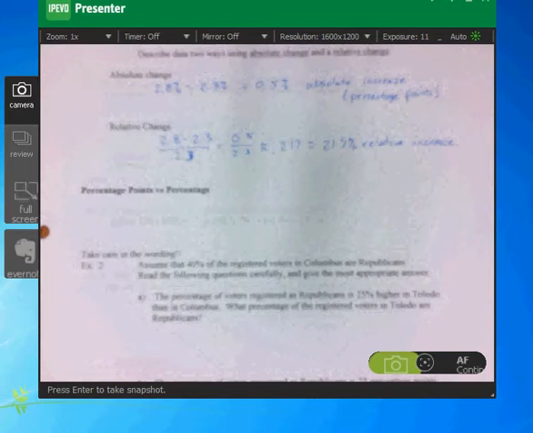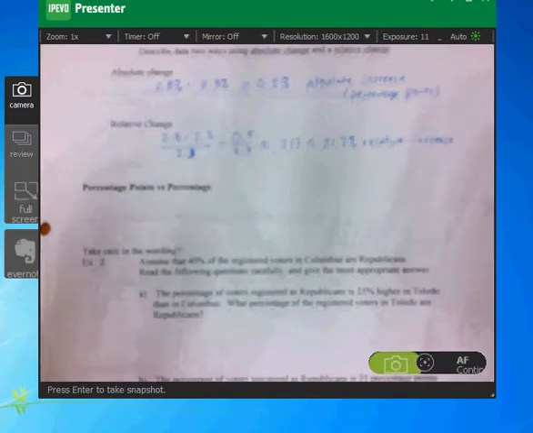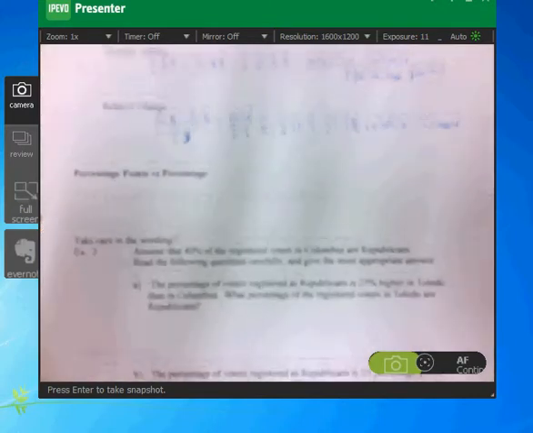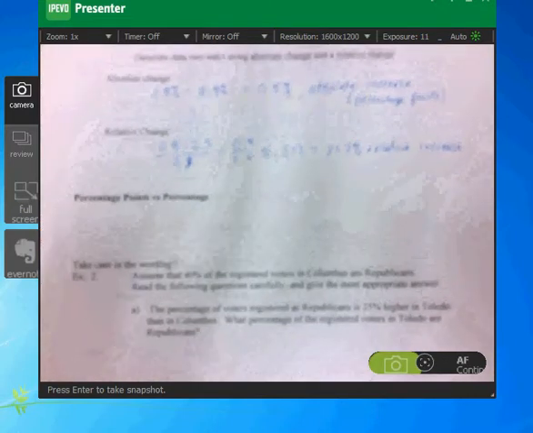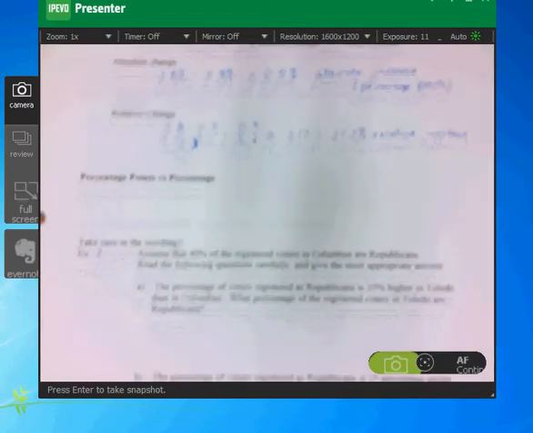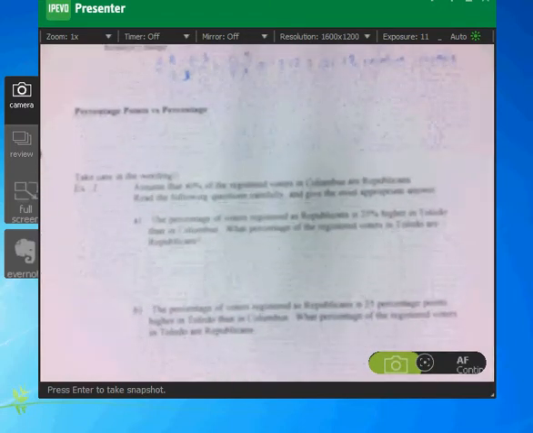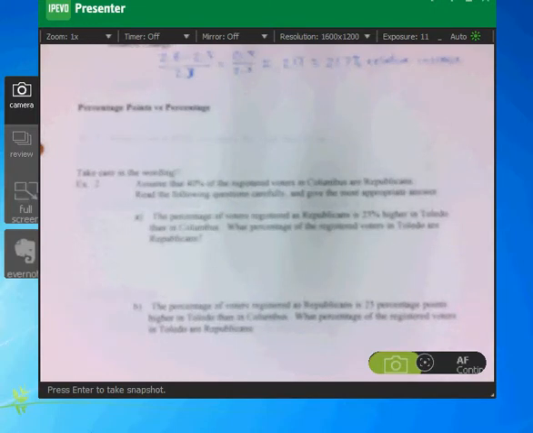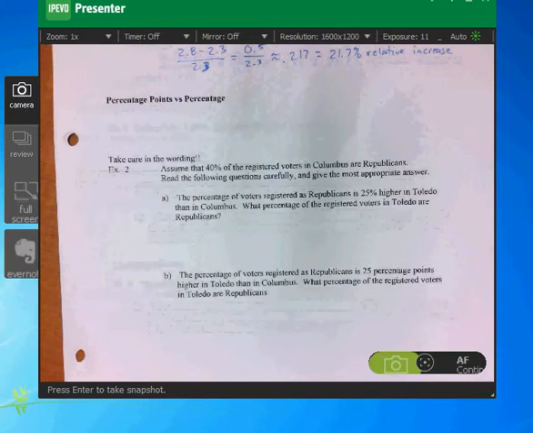Autofocus, come on. Alright, so finally got it to focus. I don't know what was going on there.